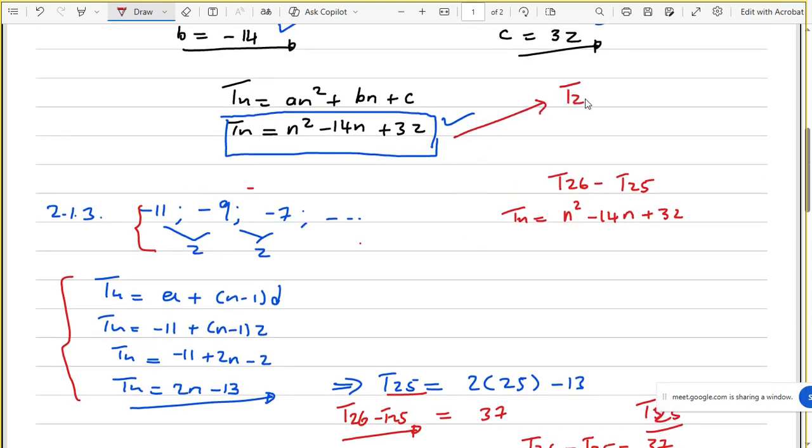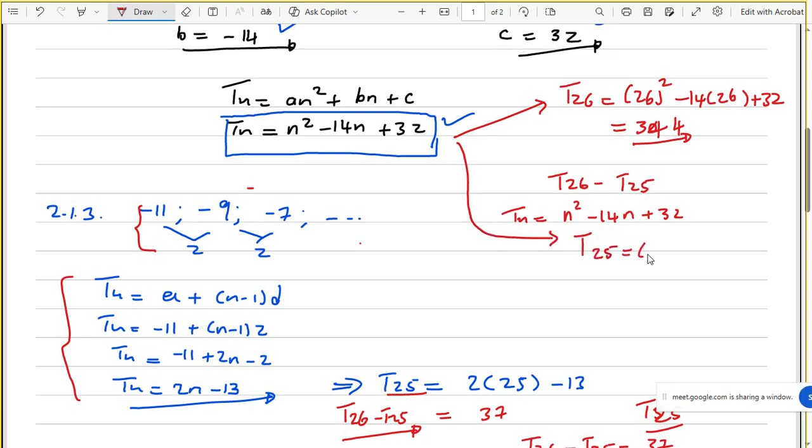Let's find T26. This equals 26 squared minus 14 into 26 plus 32. The answer that you get, what is that? You said you got 344. Yes. Then we need to find T25.